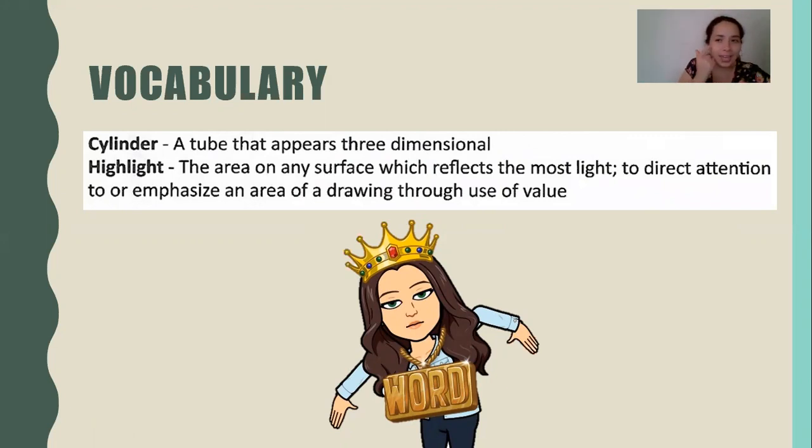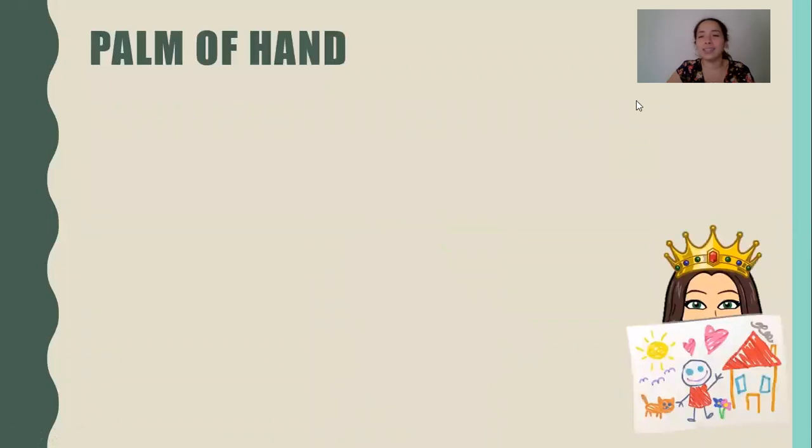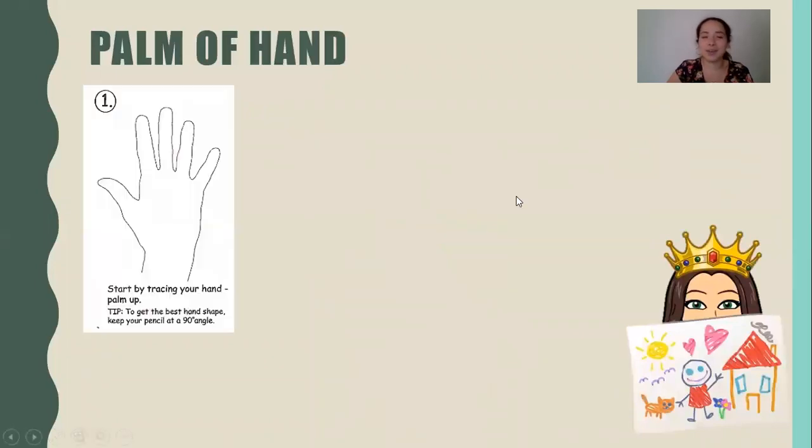I put it right around here, and sometimes a little bit on my nose, and it adds a little bit of shine to reflect light and to direct attention there. That's highlight. It's like the brightest part of your face, in the same way it would be the brightest part of a picture.